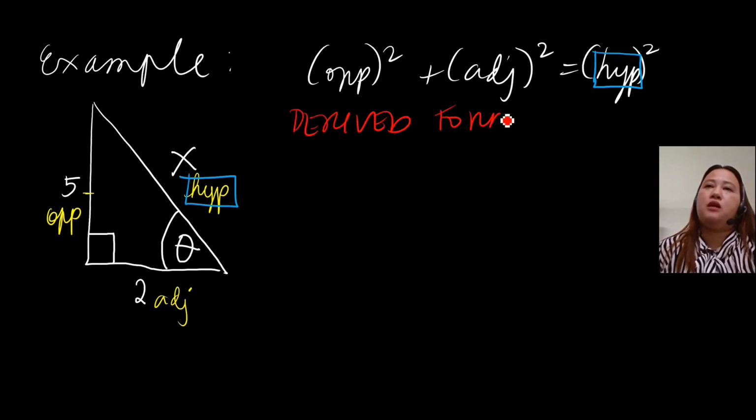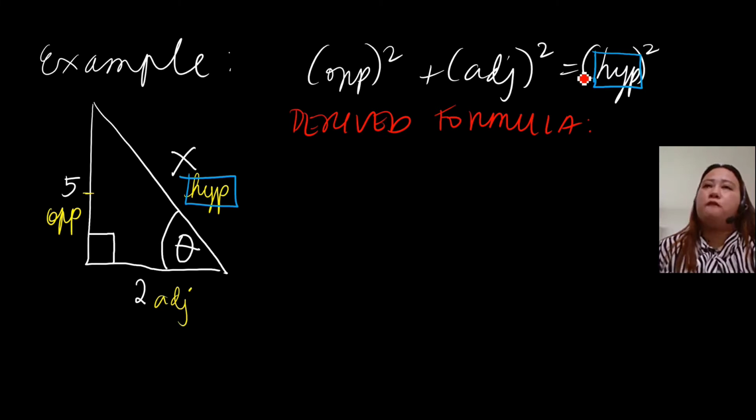In deriving the formula, you need to write the unknown in one side only, and it should be alone. It will depend on the unknown. Just like this, it is only hypotenuse and it doesn't have the square. So we need to find a way how we can remove that square.